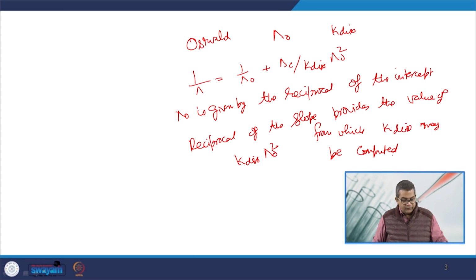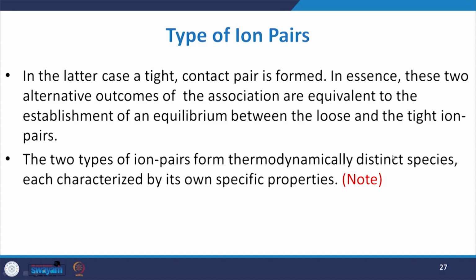So by this way we can calculate K dissociation as well as the limiting conductance. By this way we can establish the equilibria between free ions and ionic pairs.